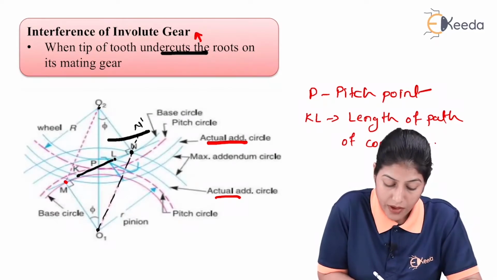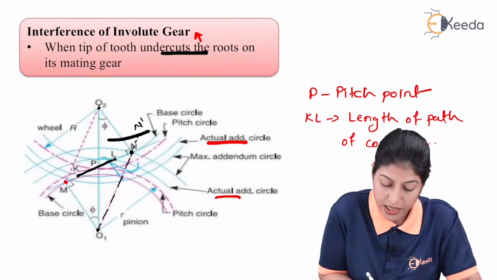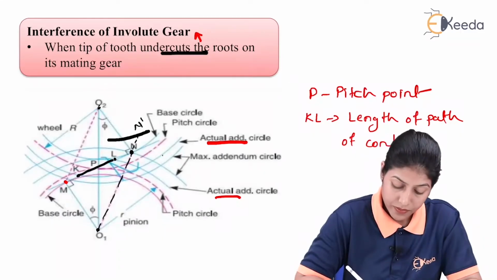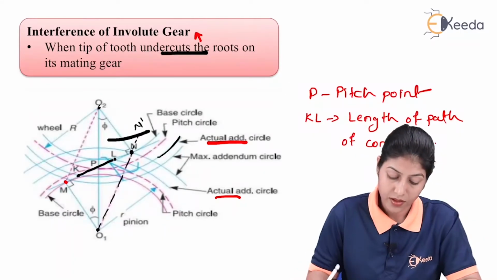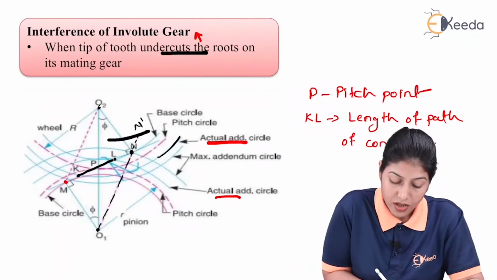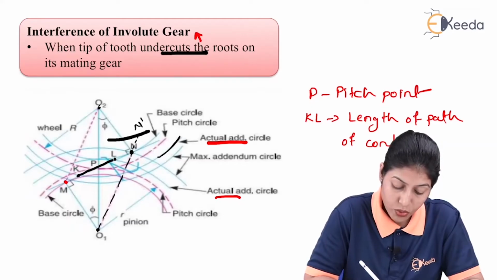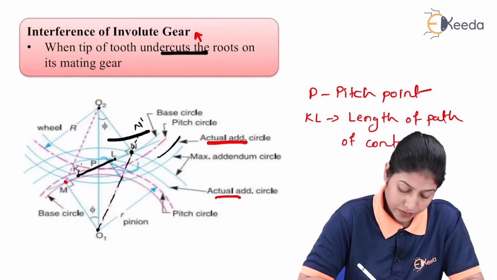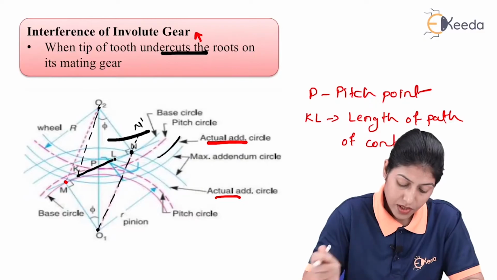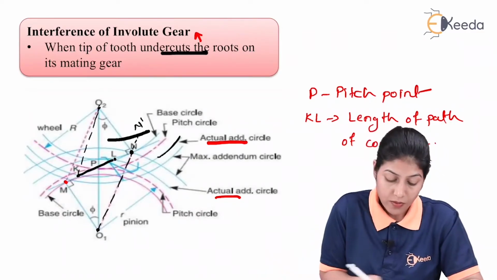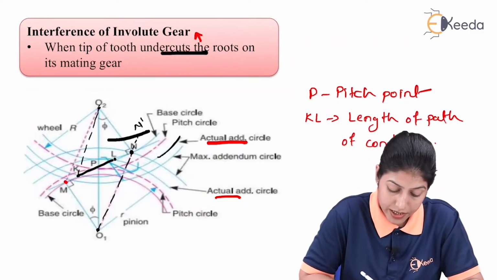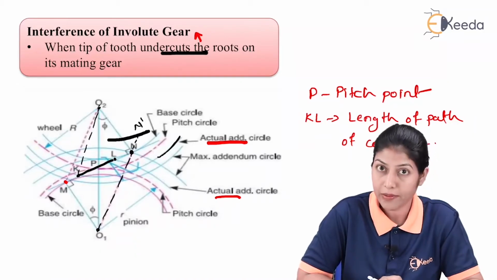So here we have the actual addendum circle of the wheel. The radius of the actual addendum circle of the wheel we will define by O2K, in the actual condition, when the actual addendum circle is intersecting this tangent MN.